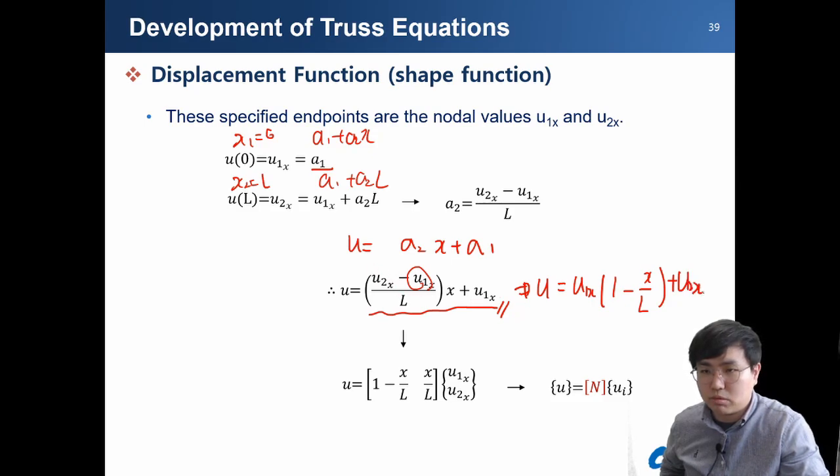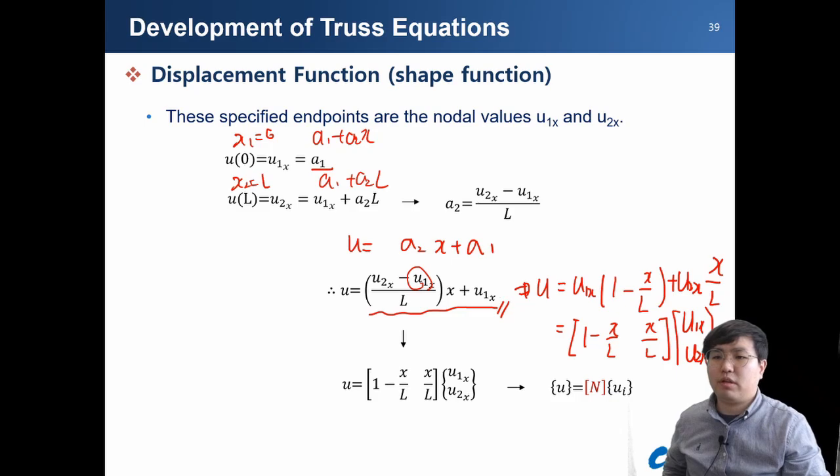Here, u2x, only a single one, times x over L. So we can change this equation into matrix form. So finally we obtained this kind of relationship.